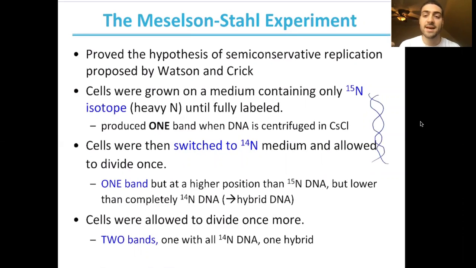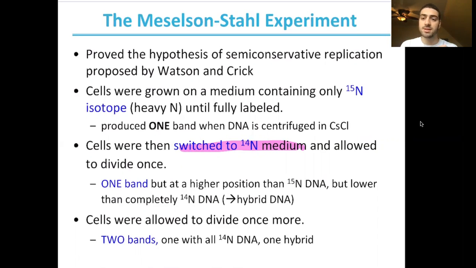If the blue is heavy, all of their DNA would be slightly heavier than normal DNA. And then, as soon as they had enough cell replications for all of the DNA to be heavy, they immediately switched all of the cells to a different medium called N14 medium, where all of the nitrogen is now lighter. It's missing one neutron.